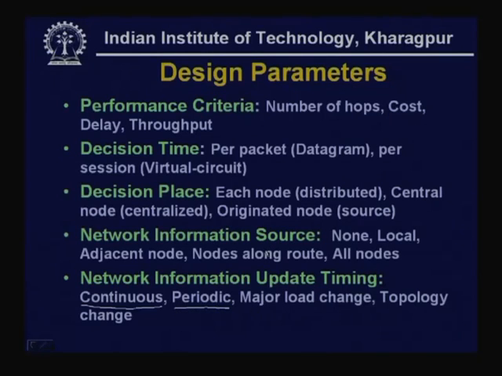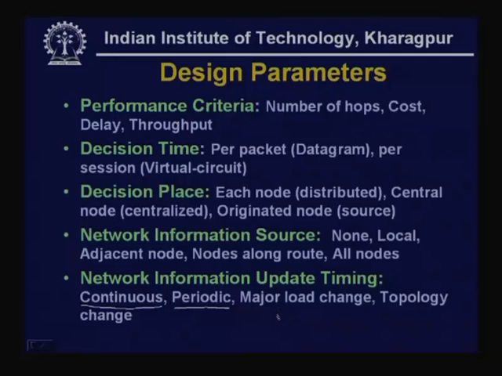Or it can be that whenever some major load change is taking place, only then it makes a change in the routing algorithm. So, whenever there is a major load change or topology change, a change in the network topology, then only the network updates information and changes the routes accordingly. So, we see that these are the various design parameters which should be used in developing routing algorithms.